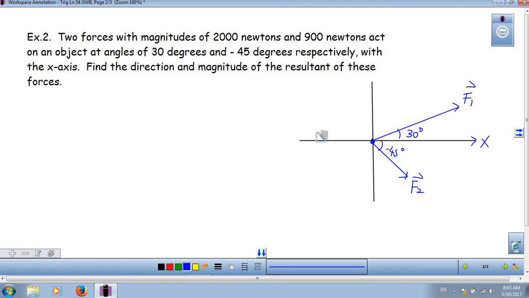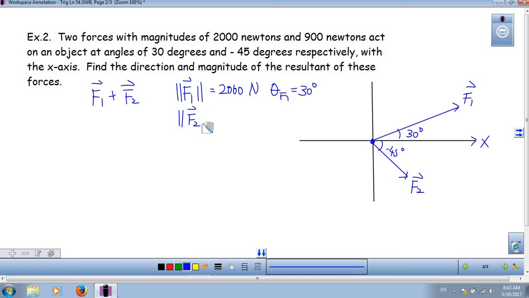Now we want to find the resultant force, so we want to add force 1 plus force 2. We do know the magnitude of force 1 is equal to 2,000 newtons, and the directional angle of F1 is equal to 30 degrees. There's no problem there.